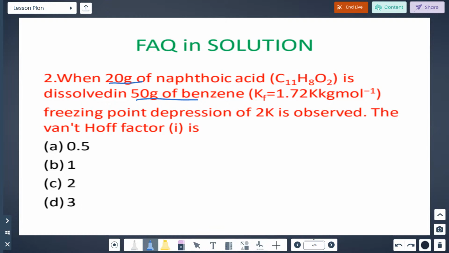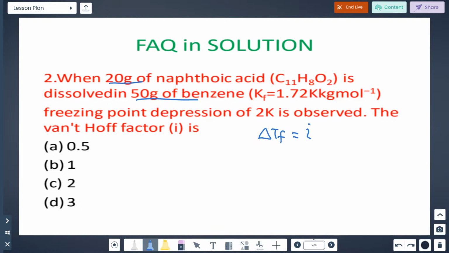Understood? Then the Kf value is given. Then a freezing point depression of 2 Kelvin is observed. Then they are asking the Van't Hoff factor. Nearly the same as the first sum we have seen, no? We have to change one more small thing in the formula.